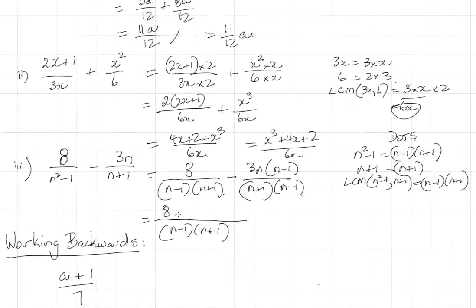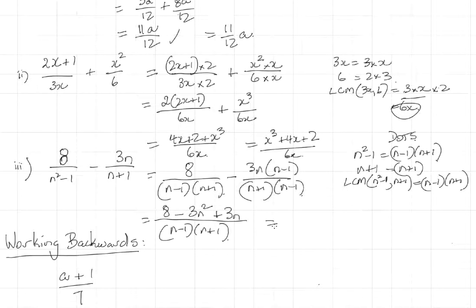So we've got 8 minus, and we could actually multiply out. Now the 3n times n would be 3n squared. Now that's minus 3n times minus 1 will be plus 3n.